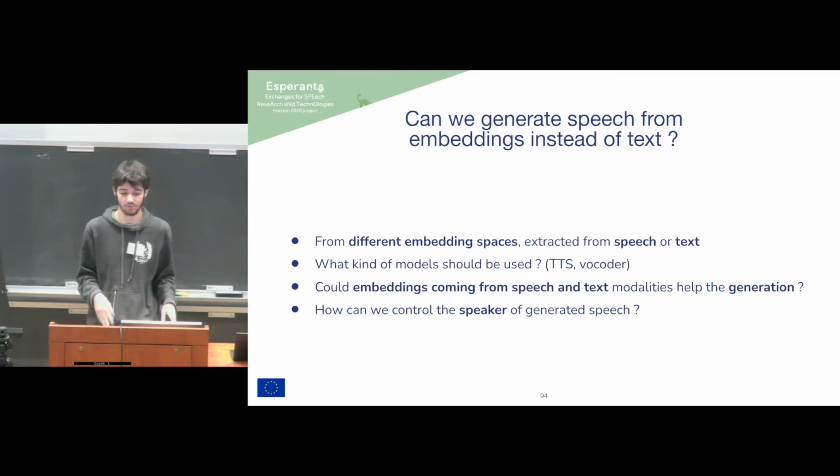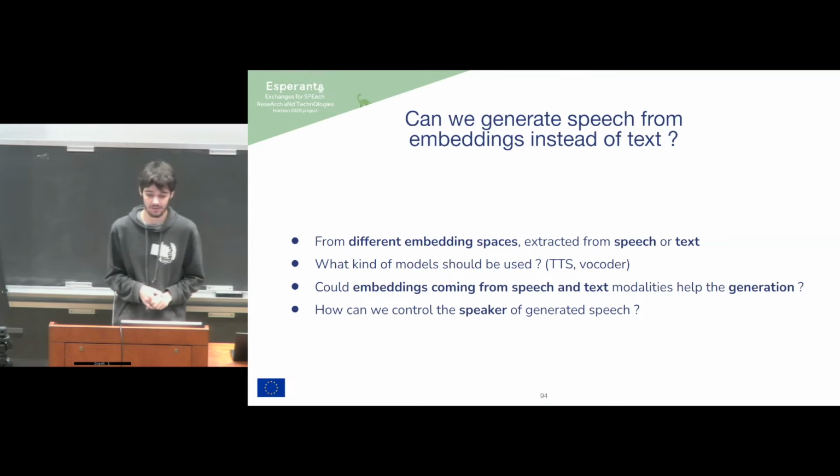For example, one embedding coming from speech and one other coming from text to help the generation of speech in the end. Another issue we might want to solve at some point is the control of the speaker identity in the generated speech. So that's one other thing we tried.